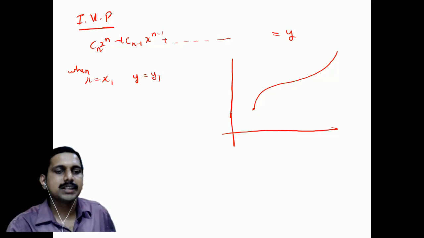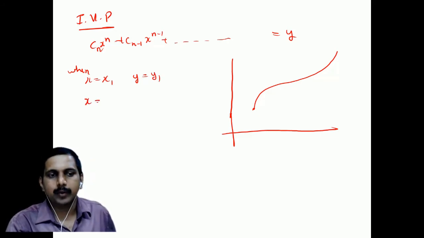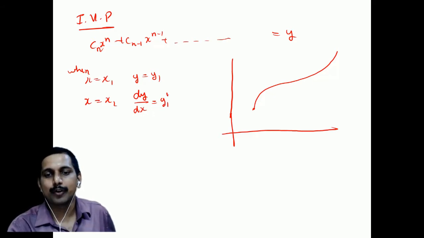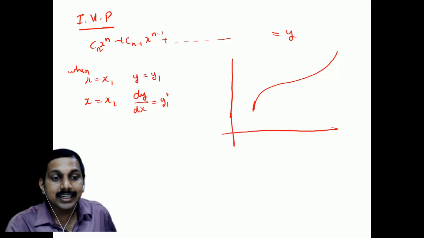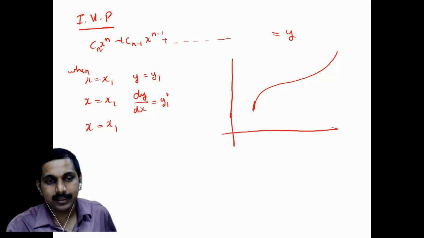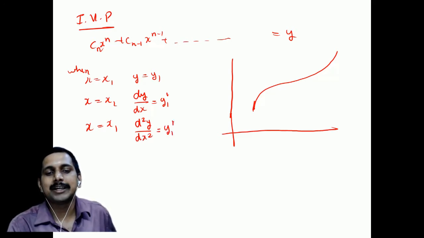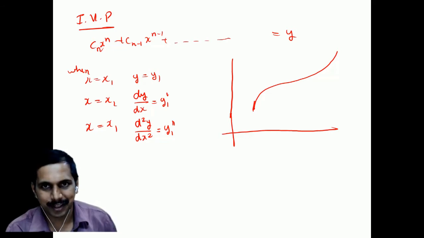First point. Second, at the same point, when x is equal to x1, dy by dx is equal to y1 dash. So we give the slope, first slope. Second, x is equal to x1, d square y by dx square is equal to y1 double dash. We give values for that.